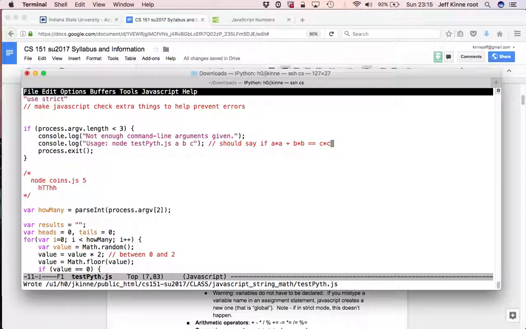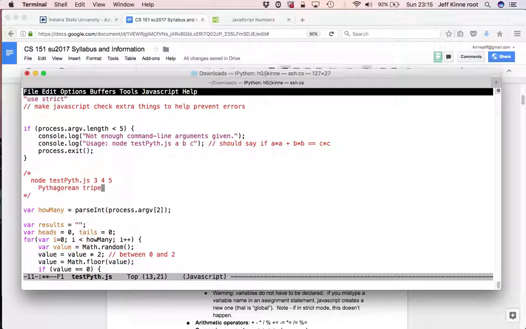That's for right triangles. And I'm expecting 3 extra arguments, so I should have at least 5: 1, 2, 3, 4, 5 now. And what I'm thinking is, test pith.js, if they say 3, 4, 5, then maybe it would print Pythagorean triple.